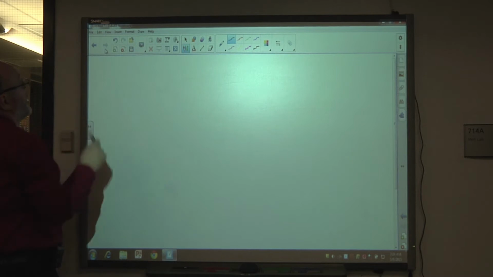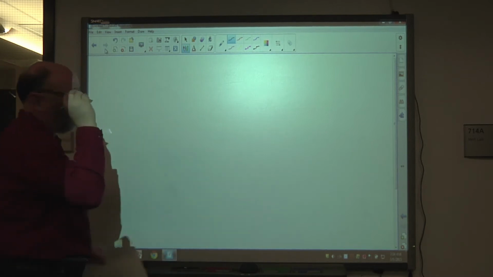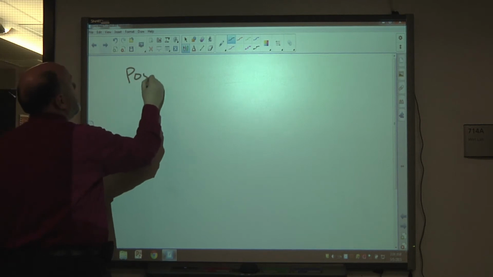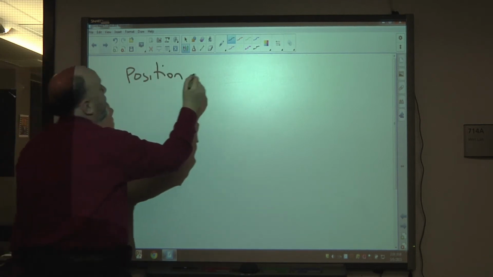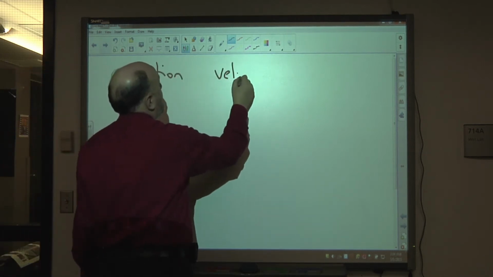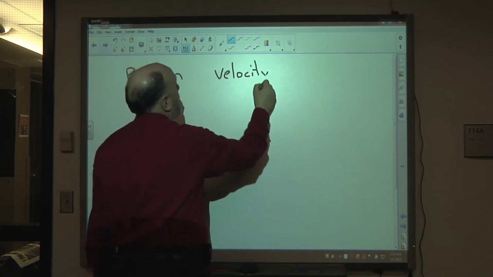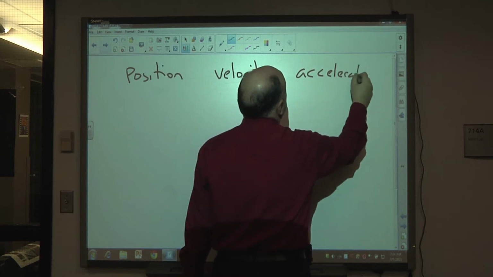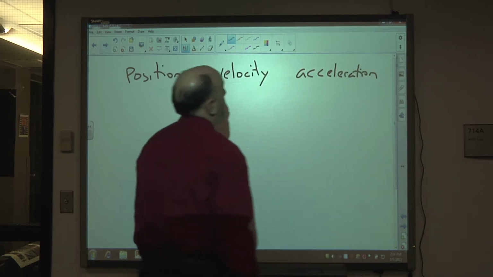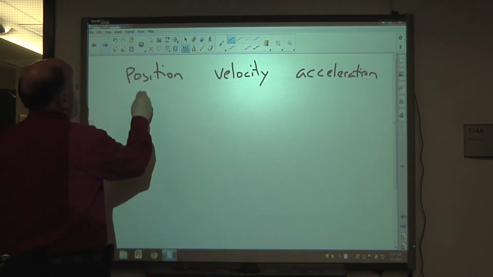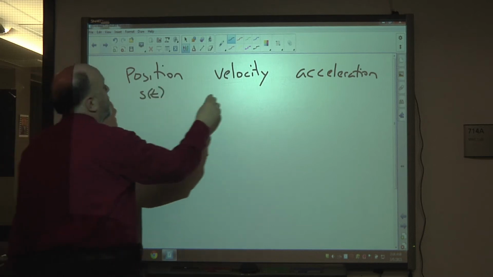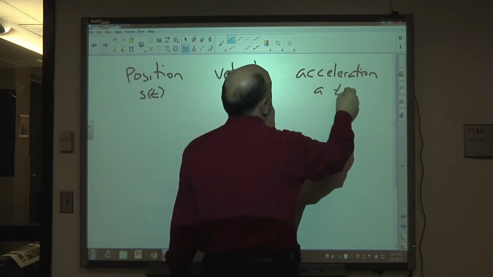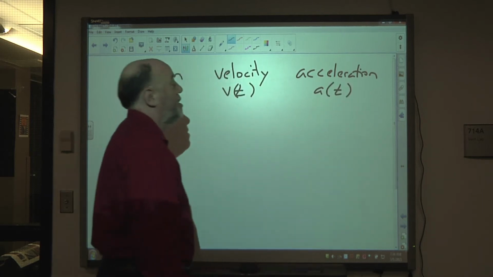Before, when we talked about the position function, velocity function, and then acceleration, this was S of t, V of t, and then A of t.